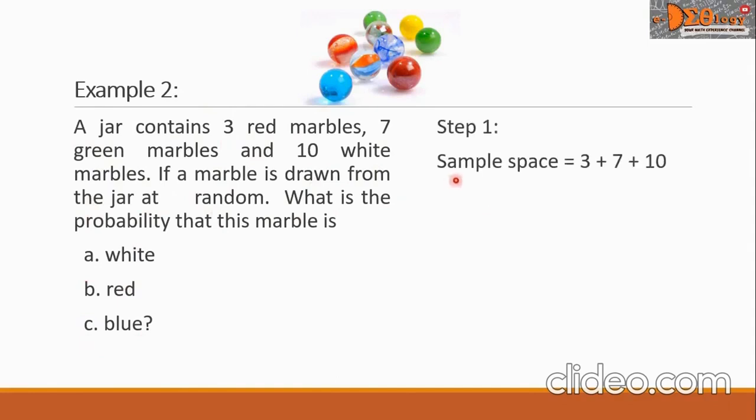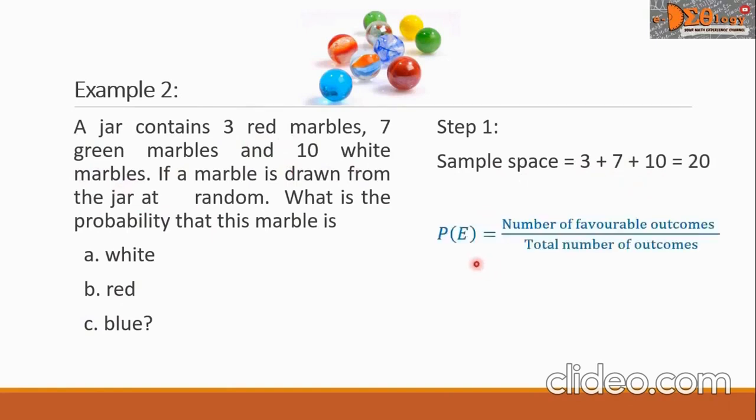Step 1, let us compute for the sample space. So we add 3 for the red marbles plus 7 for the green marbles plus 10 for the white marbles. And this is equal to 20.